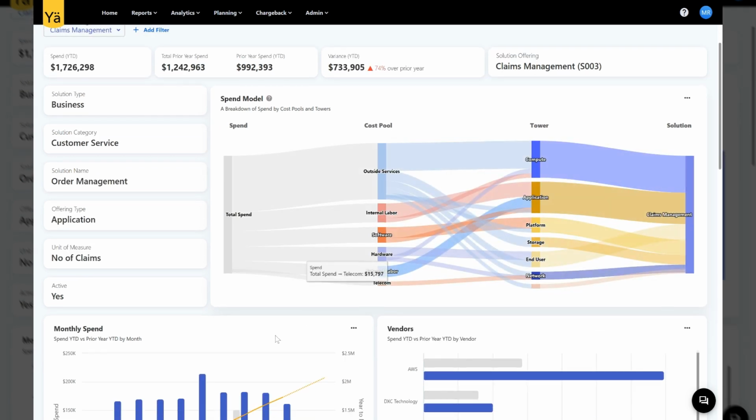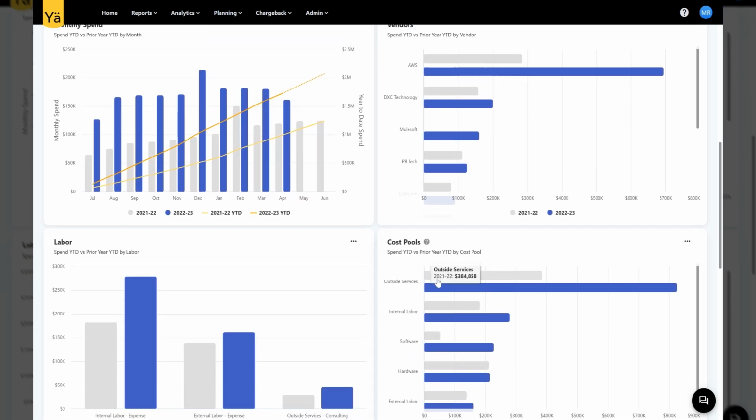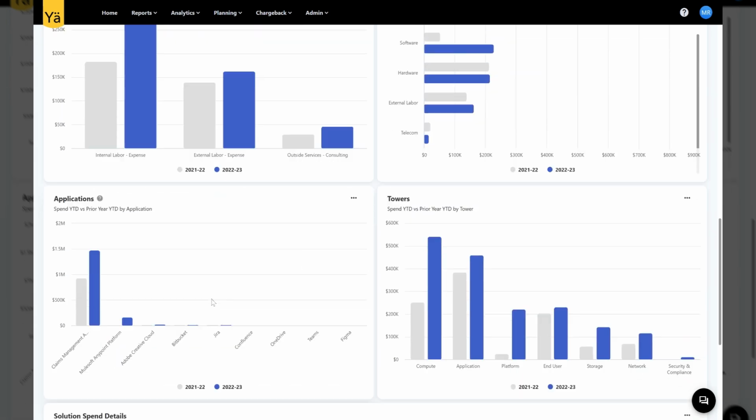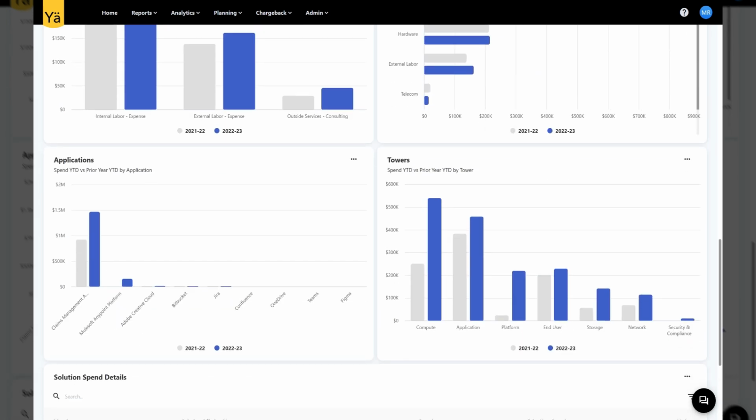Again, if we had multiple things playing together, I'm not sure if this one has, but if I had multiple applications, well, we do. So we got our claims management app, but we're also seeing that under the hood, it's using a MuleSoft. And then I have a couple people using their software as well. And I've distributed that cost across this one as well because it's an in-house developed solution.